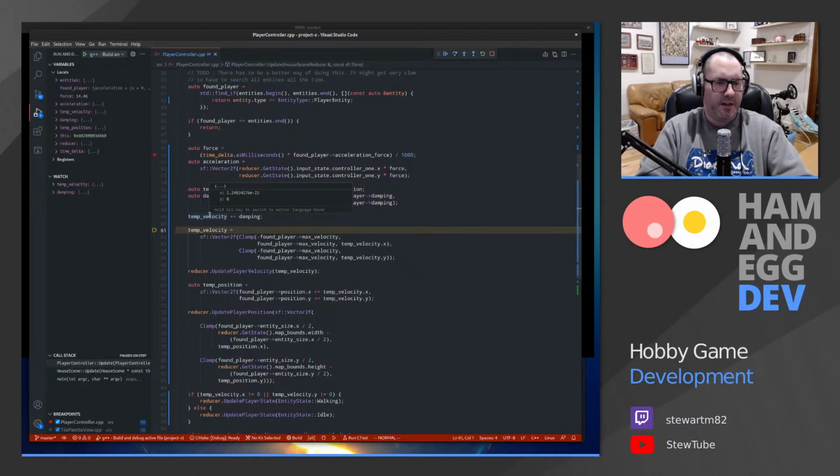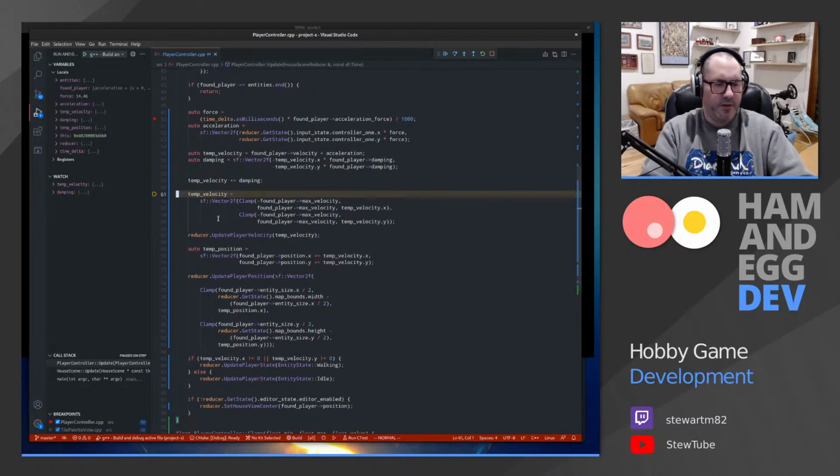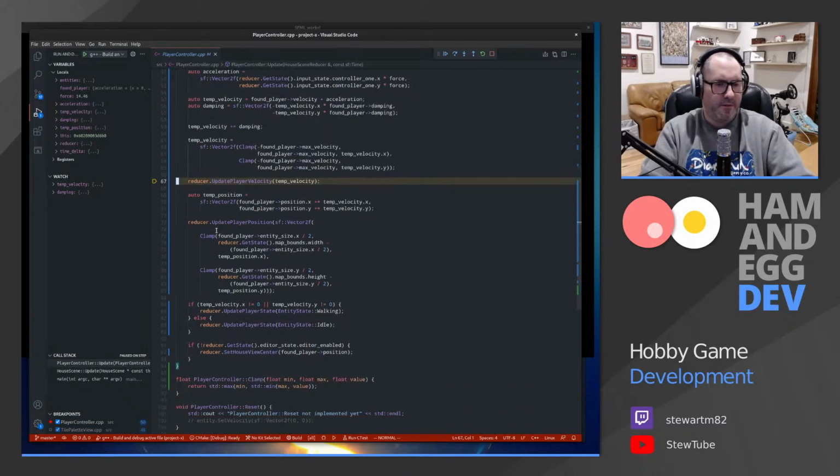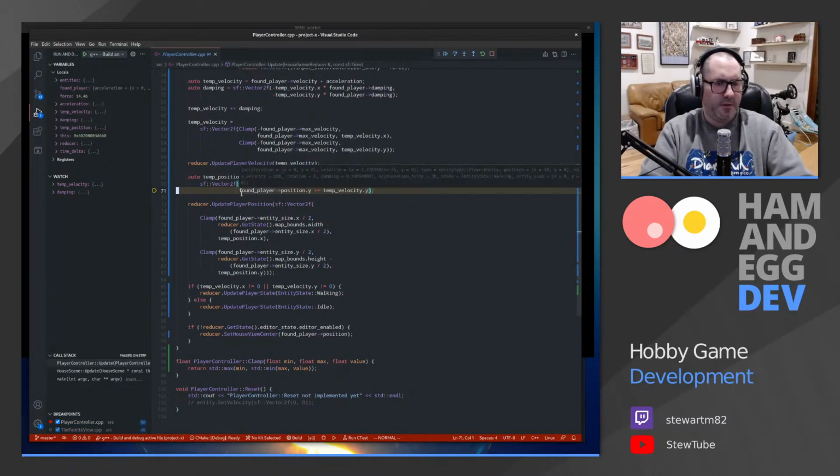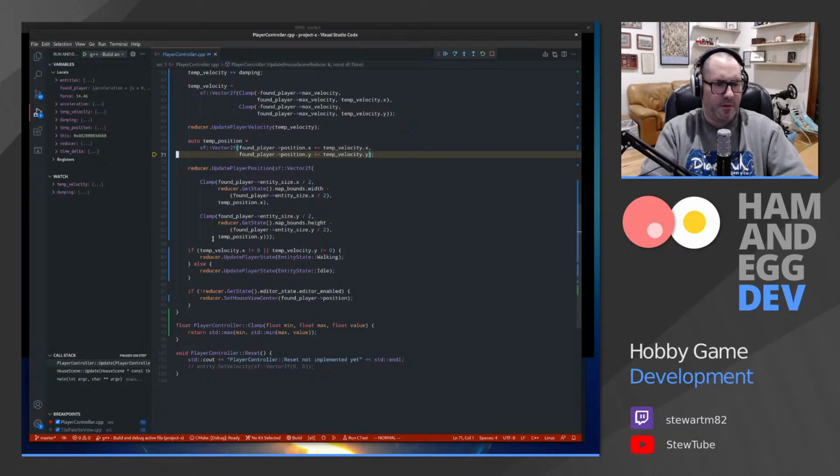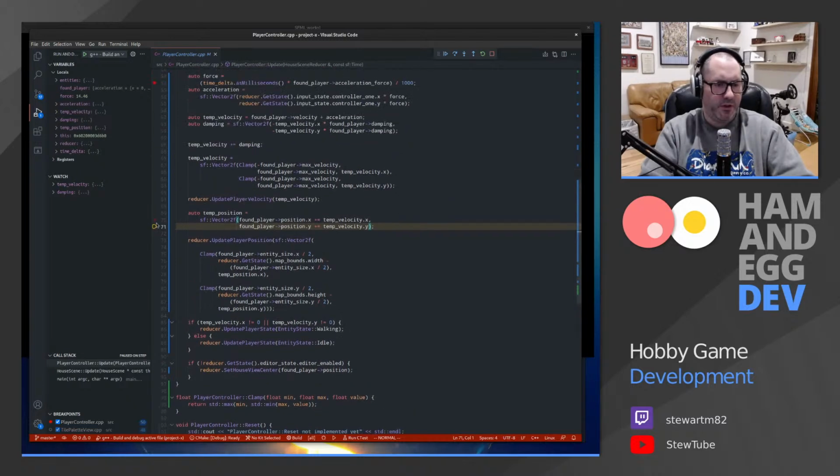So that has slowed down the velocity, adding the damping to it. So that is good. That's what I would expect. Then we clamp it here. And then again, we update the velocity. So that becomes the new velocity, 1.24. And then we update the position.